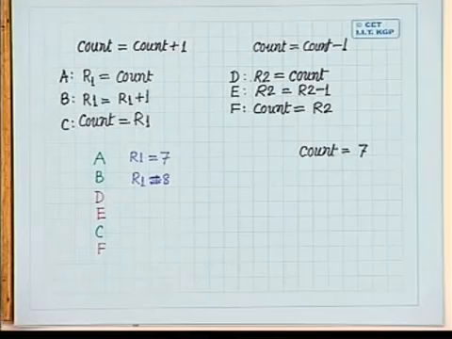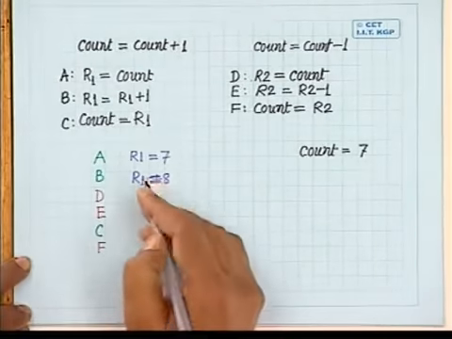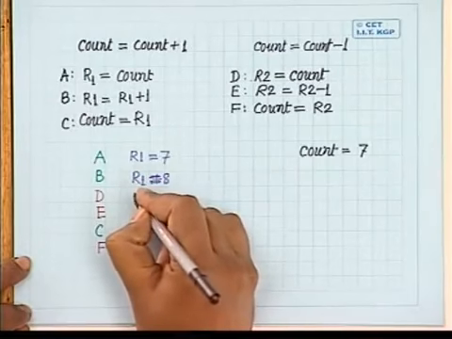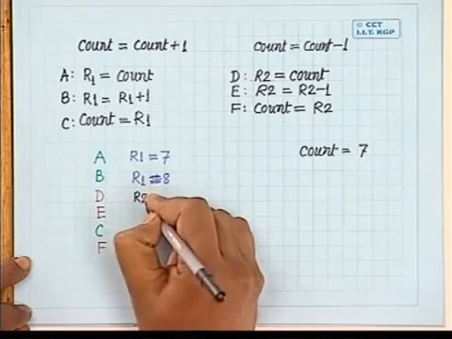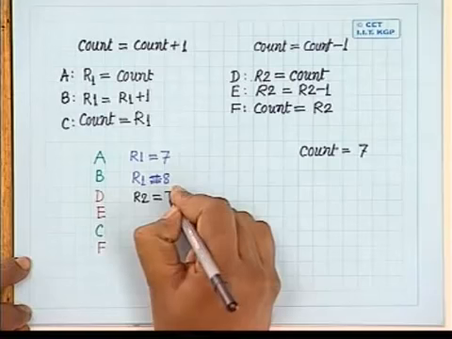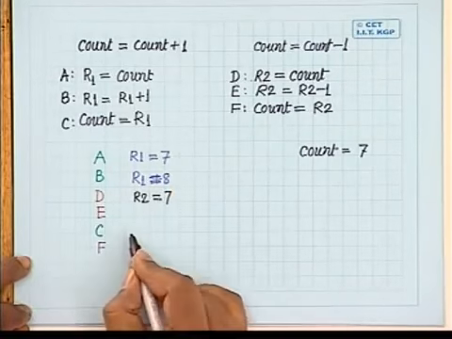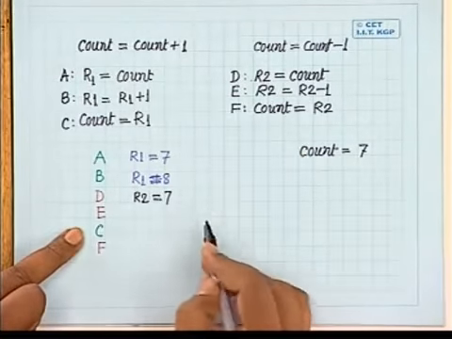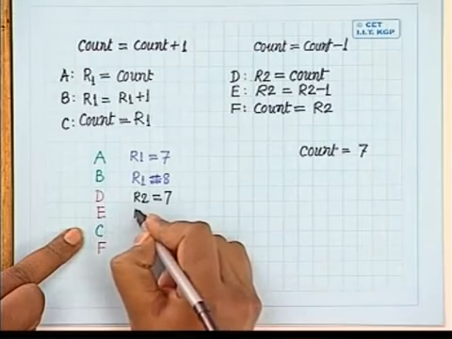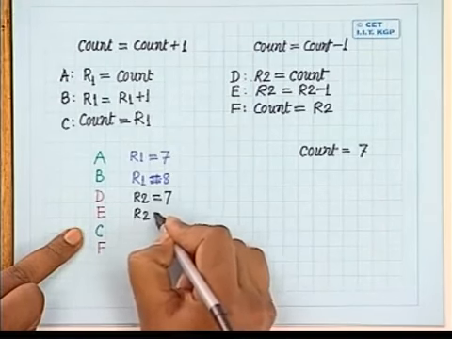So here the value of R2 will also be 7 because count is still 7. Then in E, R2 is decremented by 1, so R2 becomes 6.